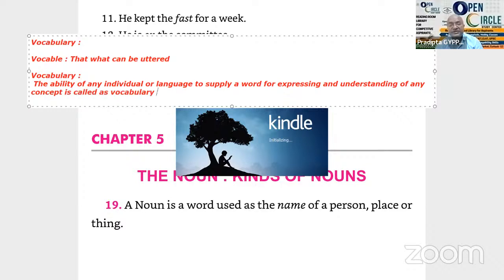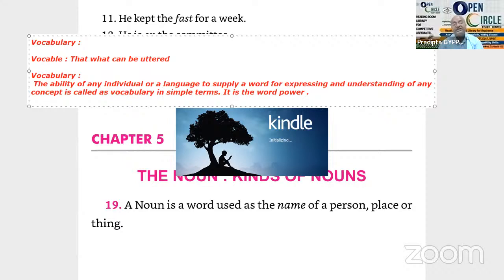In simple terms, it is the word power. Let us first understand this. I told, it's the ability of any individual or a language to supply a word for expressing and understanding of any concept.